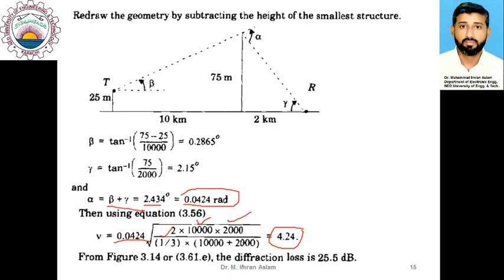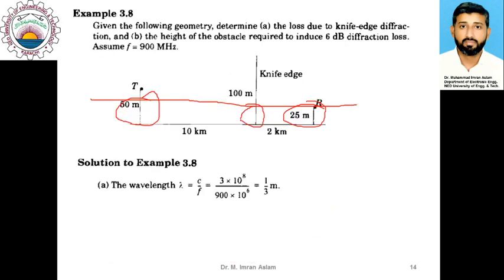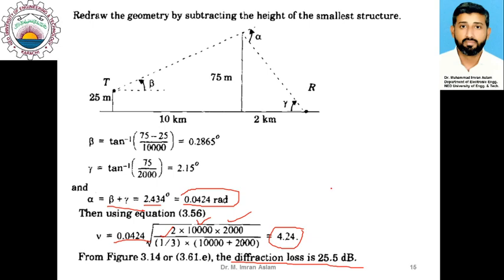If we use that relationship, you would see that the diffraction loss comes out to be 25.5 dB. For the scenario given in this problem, we would expect a diffraction loss of 25.5 dB.